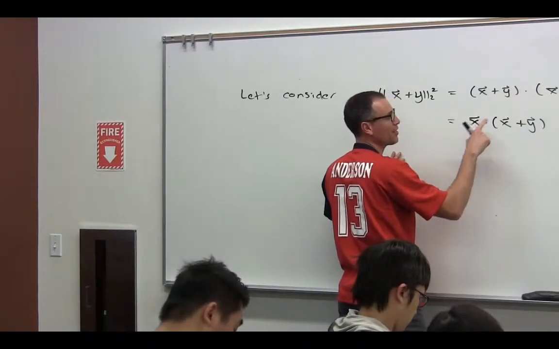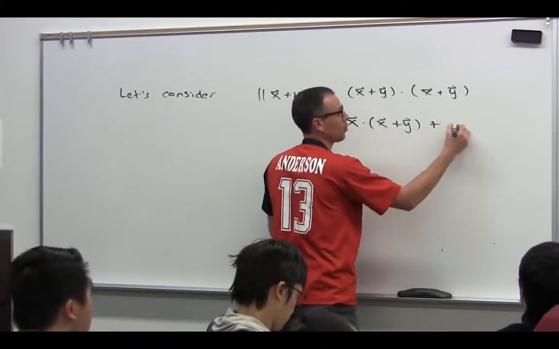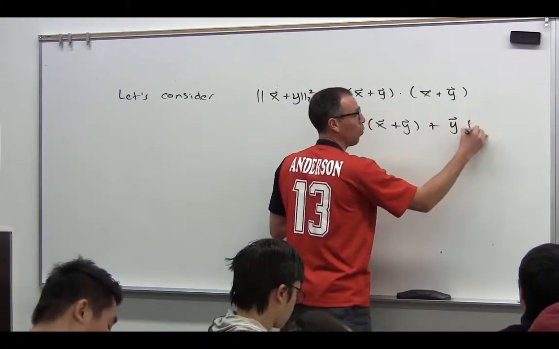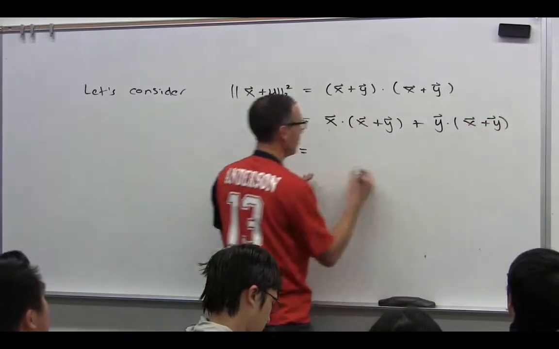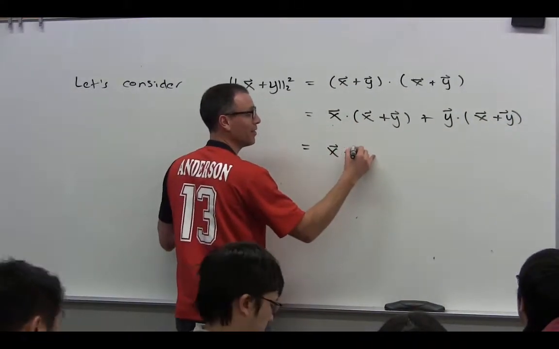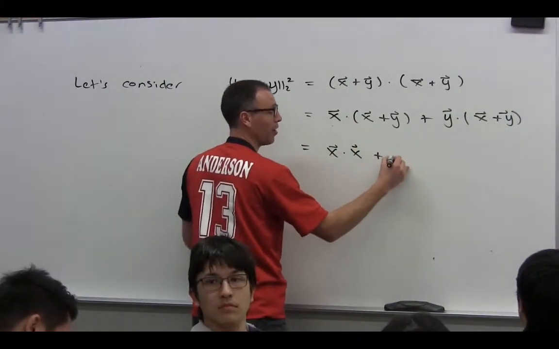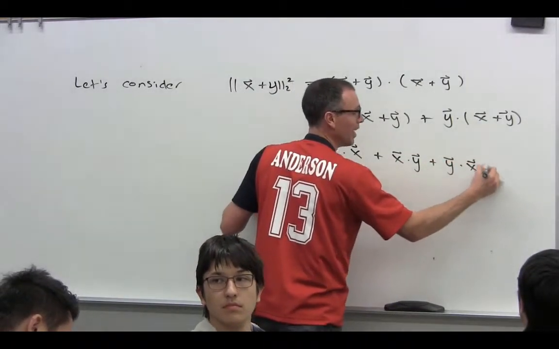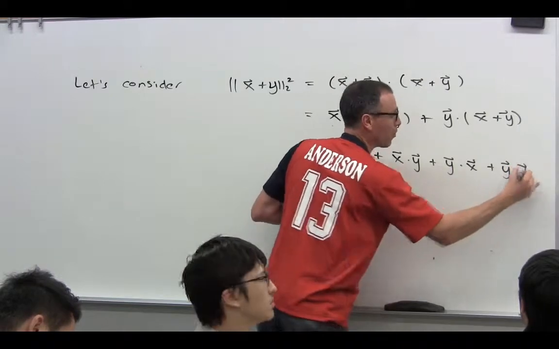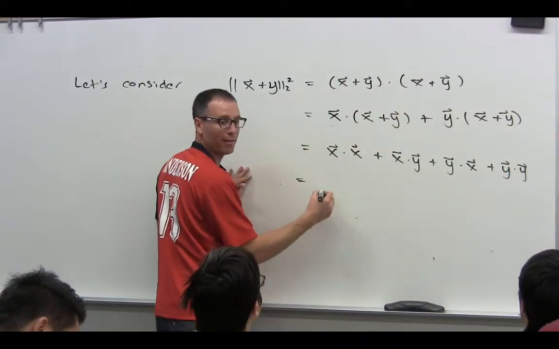That means I can go x inner product, x plus y, plus y inner product, x plus y. What do you know about each of those? X inner product x plus x inner product y plus y inner product x plus y inner product y. Now what?